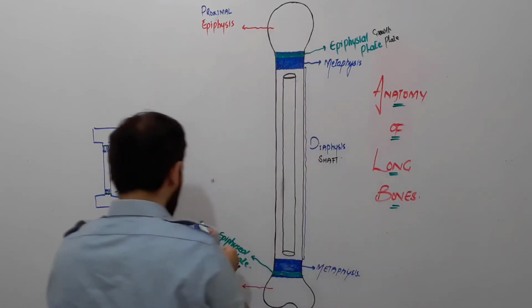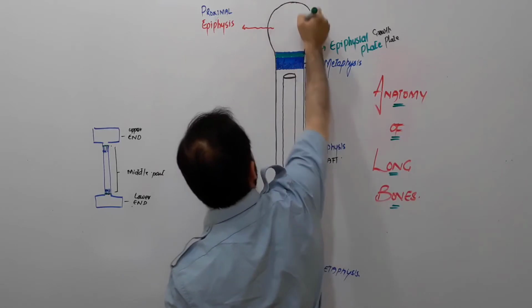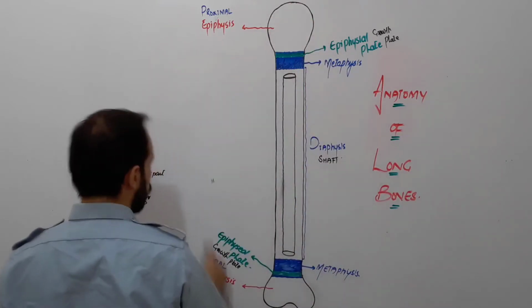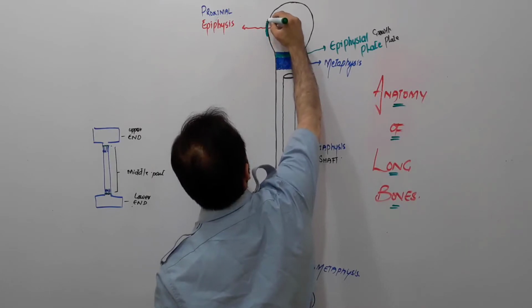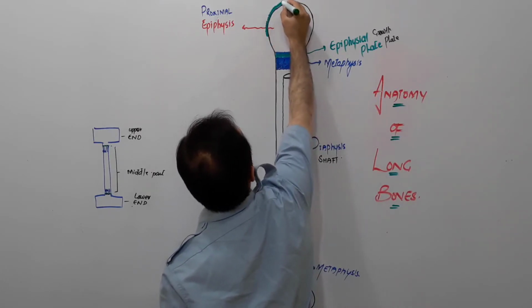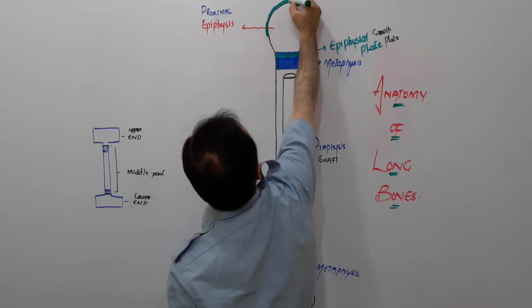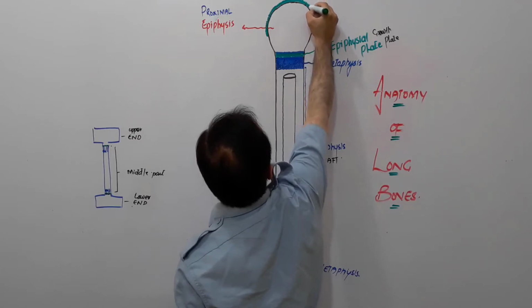The next important thing: on the outer surface of both the epiphyses, there is a thin layer of hyaline cartilage, and this is called the articular cartilage, right?